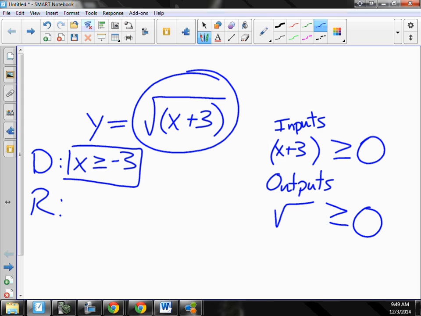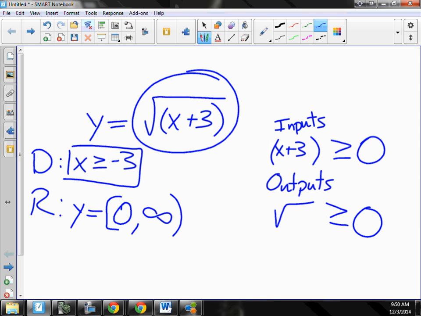The range. So whatever happens on the inside, when I take the square root, what sort of numbers am I going to get? Positive and 0. Right? So the range here is everything from 0 to infinity, including 0.